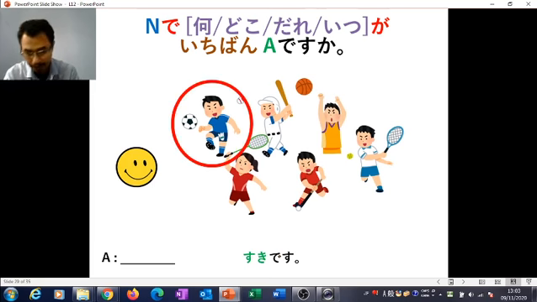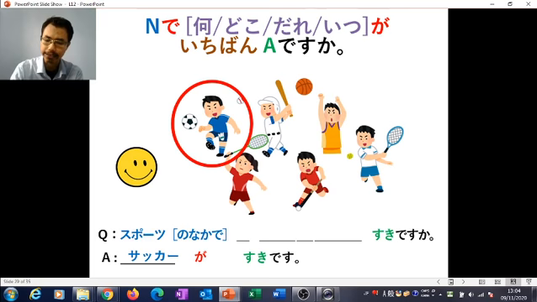If you want to say, I like football the most, サッカーが... Oh, now I understand why it's that. Sorry for the bad animation, later on I will fix it.